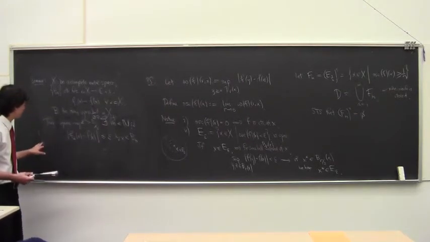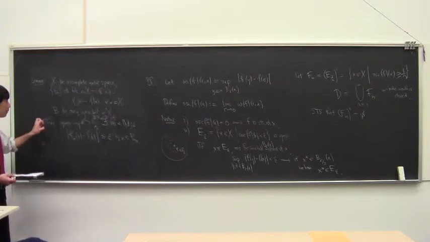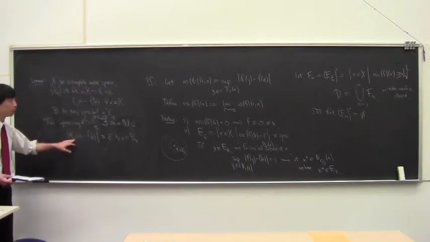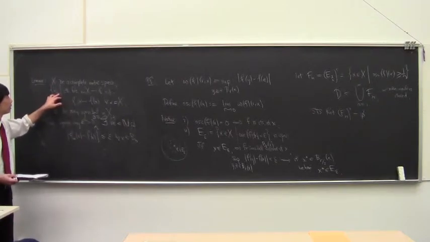Okay, so given any epsilon, you're guaranteed some tiny ball. It may be really tiny, but you're guaranteed some tiny ball on which your function is basically one of the other guys, one of the functions in the sequence.